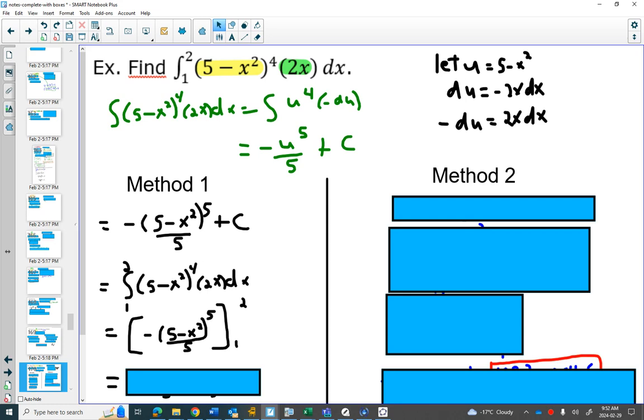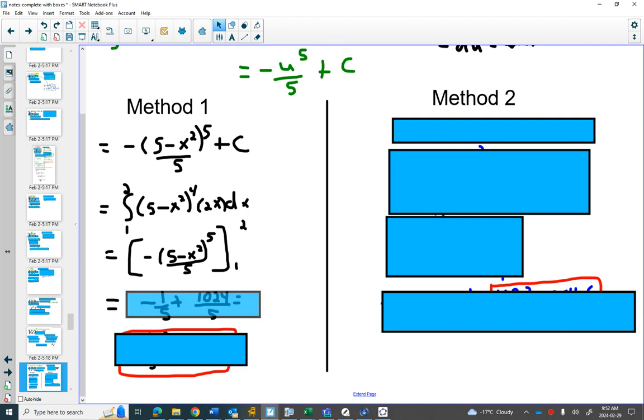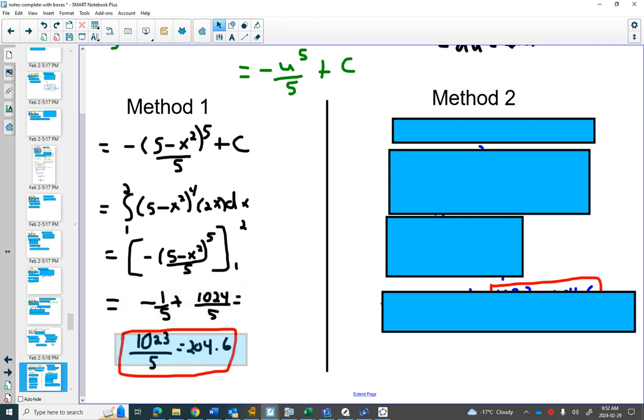The reason we don't have to write the plus c is because in the definite integral, you subtract, right? You plug in 2, and then you subtract plugging in 1. And if you had a c in both of those and subtracted, your c would just equal 0. So now I plug in 2, I plug in 1, I get both of those answers. I simplify: 204.6.